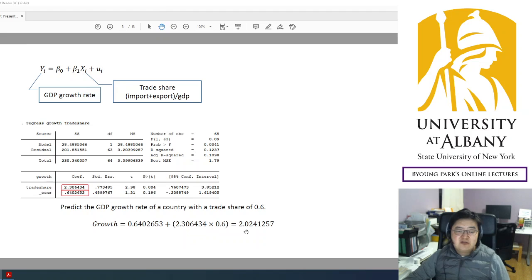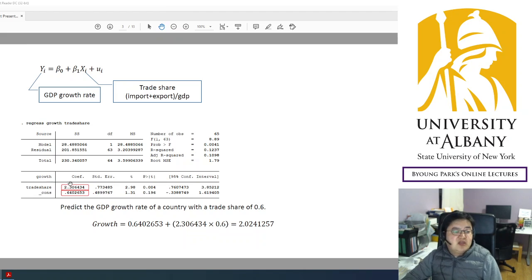Then you get 2.024 something. So this country's growth rate is predicted to be about 2%. So in the homework, you are going to do something similar to this with a different trade share. So it will be almost automatic. So you can do that easily.